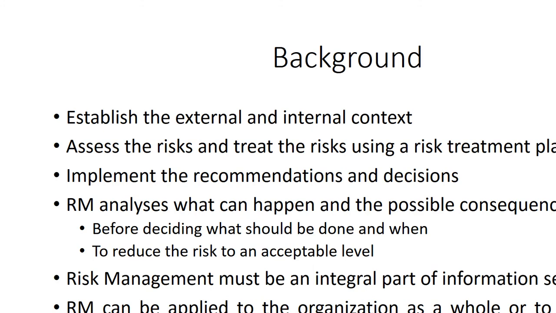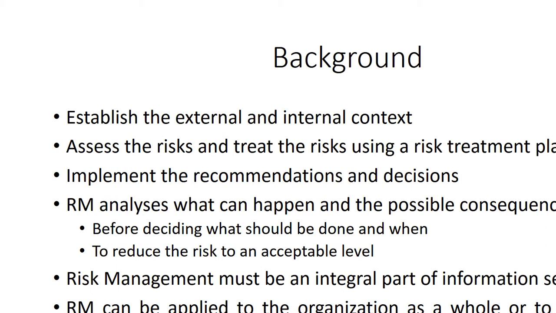Okay, so what is the background? I mean, what are the things that are necessary in ISO 27005? So first of all we have to establish the external and internal context, and context means that you have to set up everything in that phase.